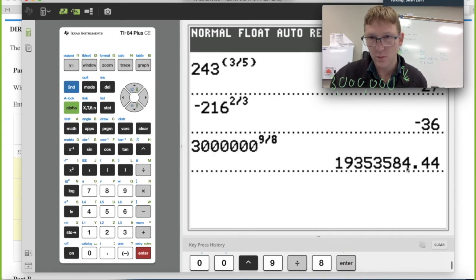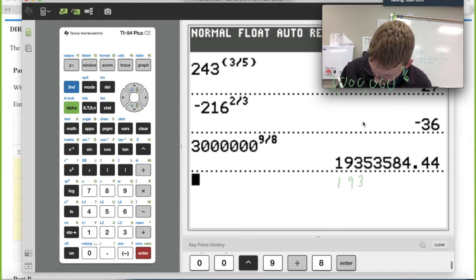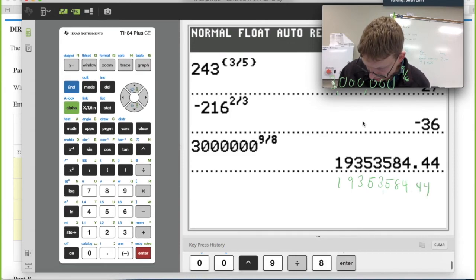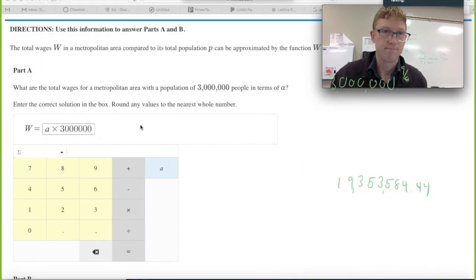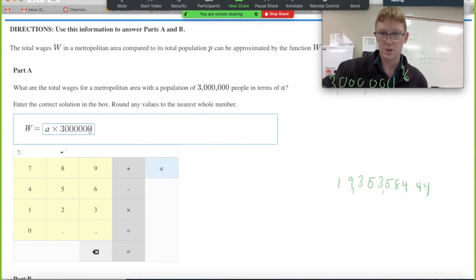It's equal to that number. So I'm going to write that number down. 1,935,535,844.44. So we're just going to shove that number right in there instead of 3,000.